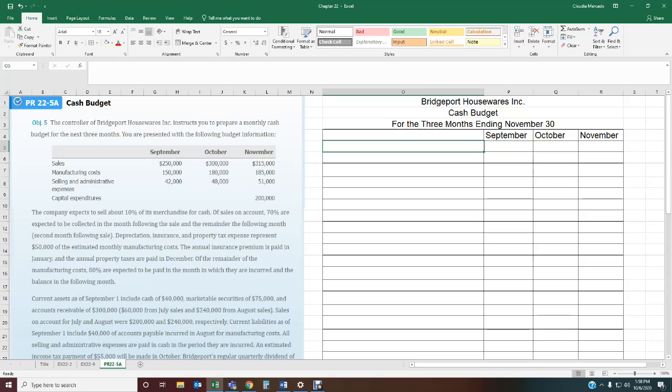How much money are we anticipating collecting during September, October, and November? So we're going to have our estimated cash receipts. And then we have two sources of cash receipts: cash sales, and collection from accounts receivable.